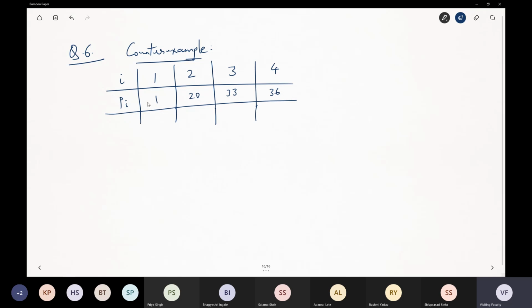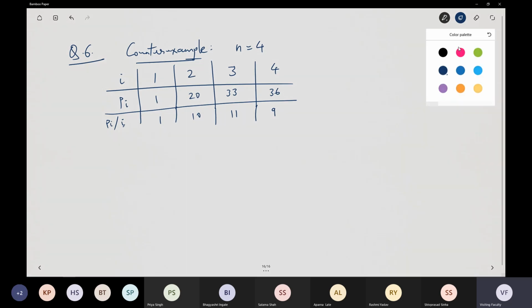What is the ratio p_i by i? It is 1, 10, 11, 9. And n is equal to just 4 because the maximum value of i is just 4. So what do we do?